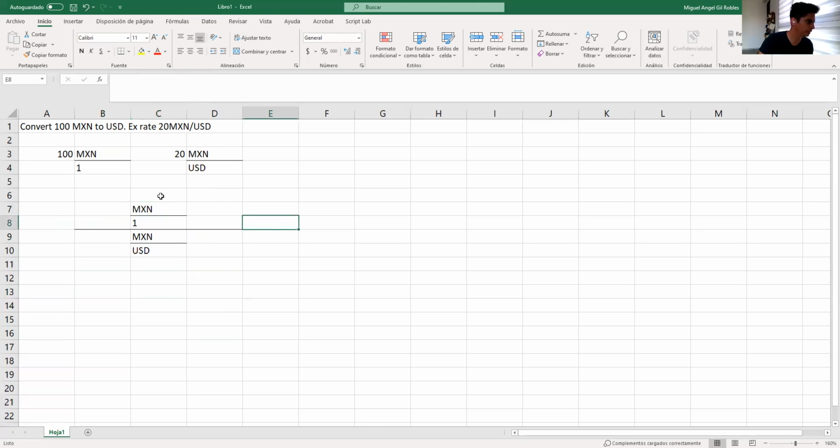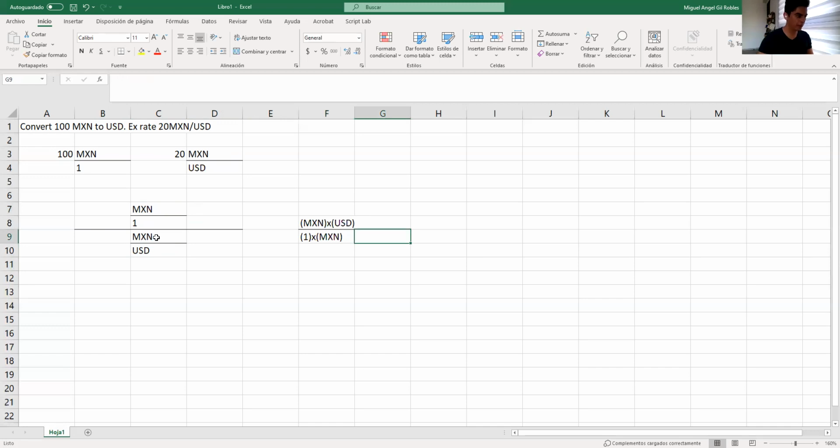So the answer will be pesos times, you can write in parentheses to help you understand, and at the bottom you multiply the one at the bottom, 1 times pesos.